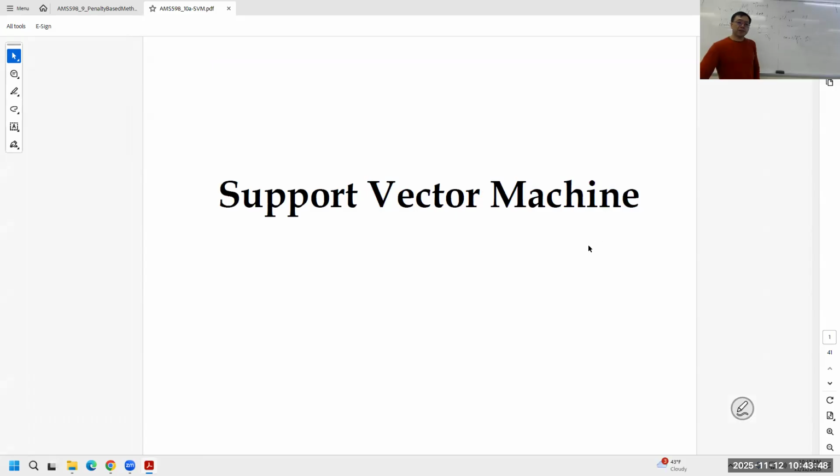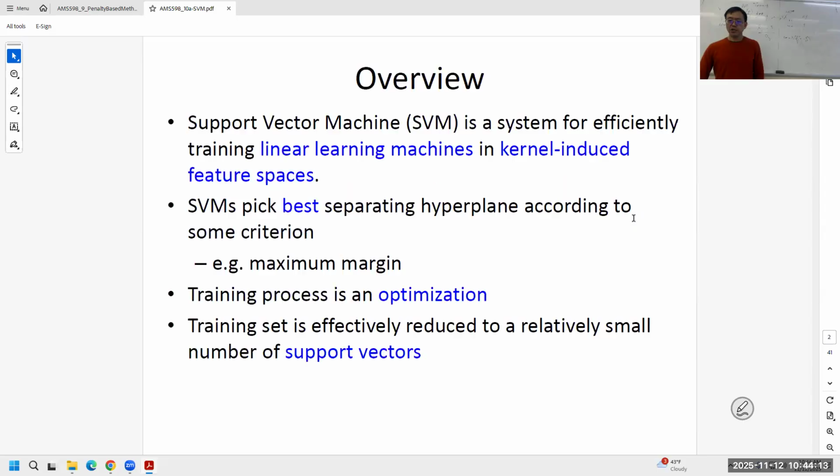So SVM, some of you probably have heard of it before. SVM is one of the best off-the-shelf methods for people to use, and I'll show you why, because SVM has very good intuition behind it to show this is a good method.